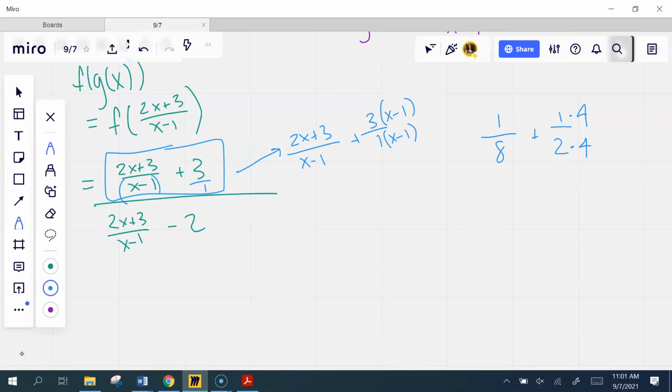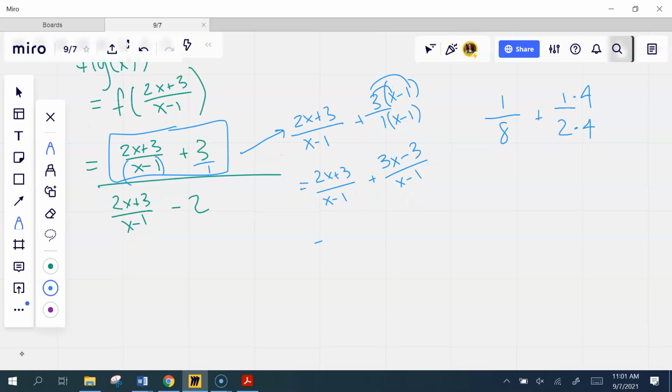All right, so now my denominators are the same. Do you agree? So this is 2x plus 3 over x minus 1, and this is now 3x minus 3 over x minus 1. Are we in agreement? Okay. Because they have common denominators now, I can put them together over that common denominator. Y'all okay there?